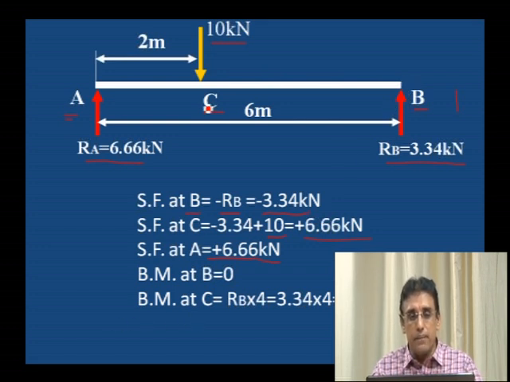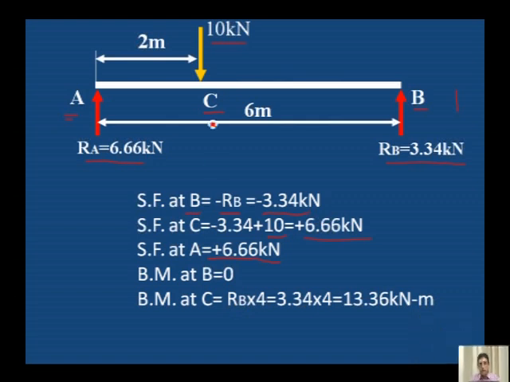Bending moment at C. To calculate bending moment at C, first we have to consider RB. RB into distance. It is anti-clockwise. What is the distance? Total is 6 meter minus 2 meter. The balance from C to B, the C to B distance, is 4 meter. RB into 4. Only one force is acting, which is in the upward direction.